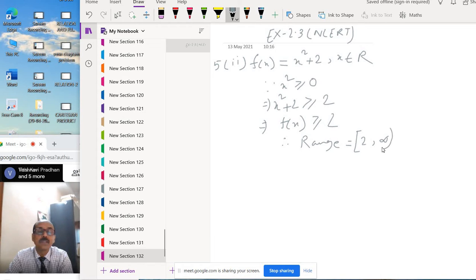So from 2, 3, 4 and fractions also, all the real numbers up to infinity. So this is the range of this function. Is it okay? Clear? Yes, sir. All of you understand range?